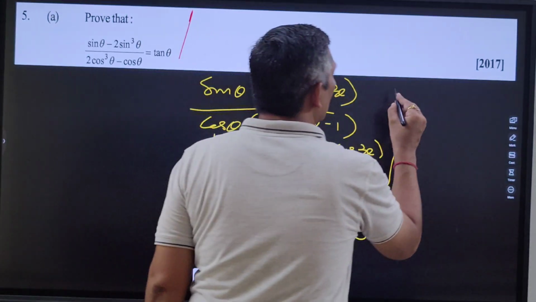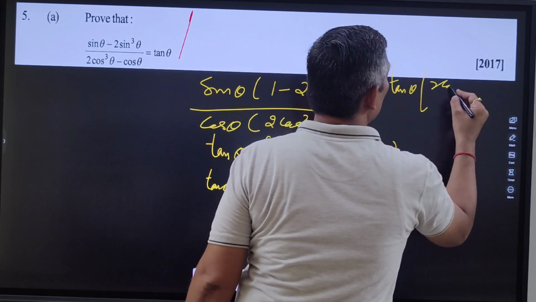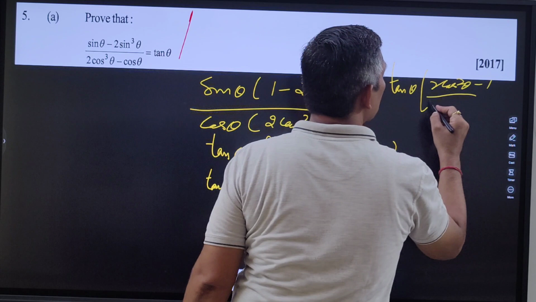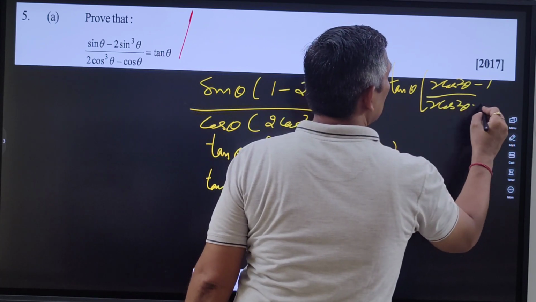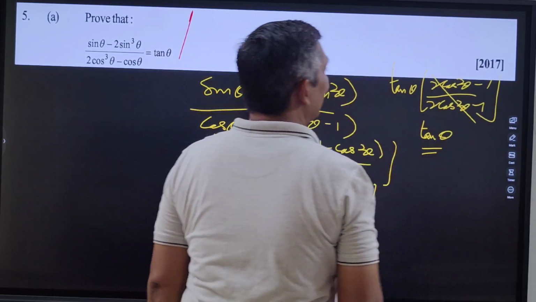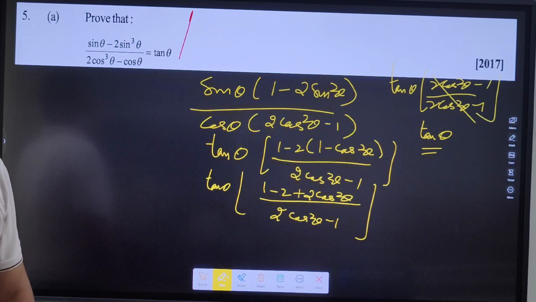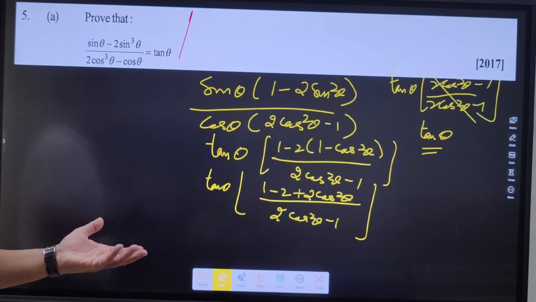So ultimately I have got tan θ into (2 cos²θ − 1), cancel, tan θ is the answer. You have a very easy and simple question to solve. That is how you solve this question.